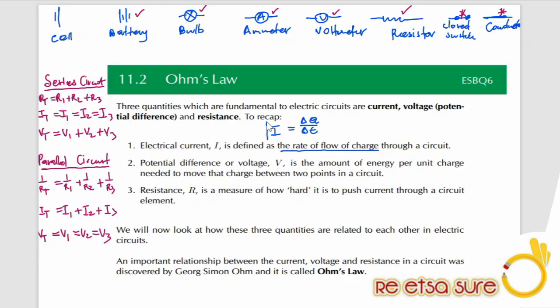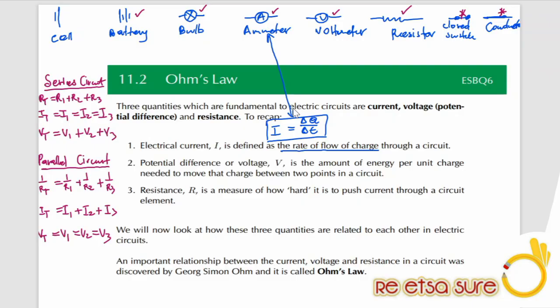Even when you check this equation, I is equal to delta Q over T. That's where we are using an ammeter in our circuit to measure the current that is flowing in our circuit. I hope that you understand it, guys. So electrical current is defined as the rate of flow of charge through a circuit.